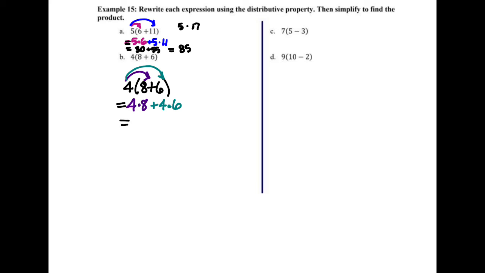Okay, so 4 times 8 is 32, and 4 times 6 is 24. Add those two together, and you get 56. If I would have done it the regular way, well, when I say regular, that's not using the distributive property. So we get 4 times 14, which is also 56.